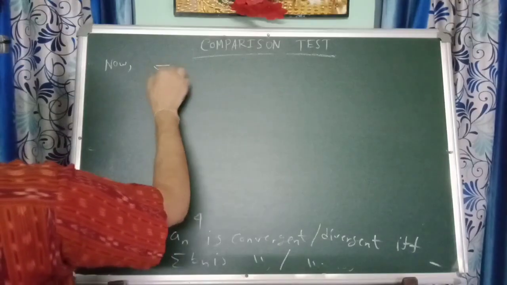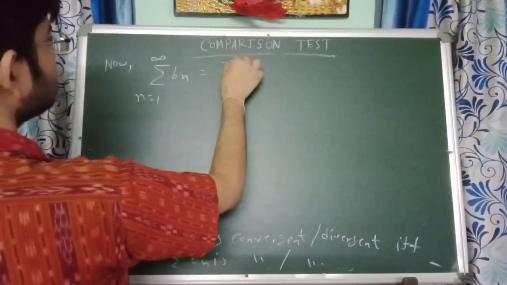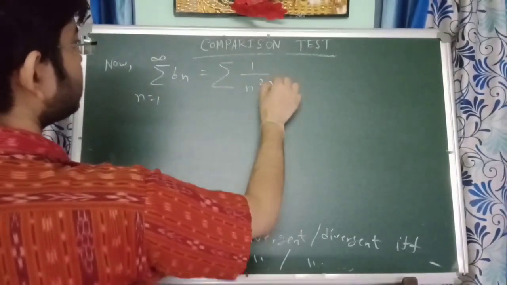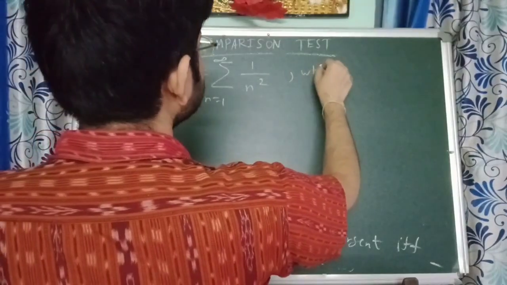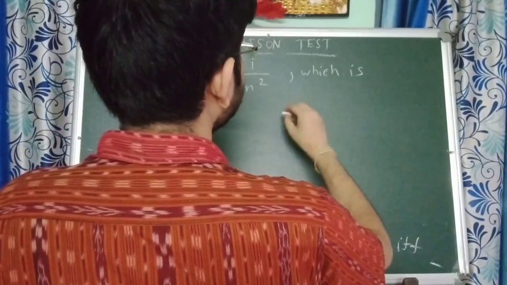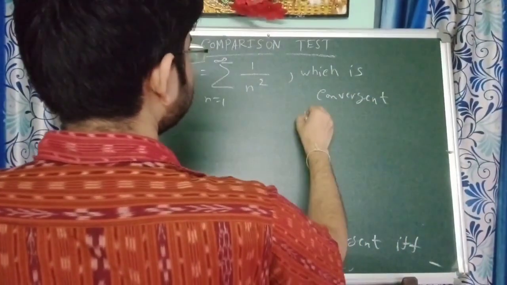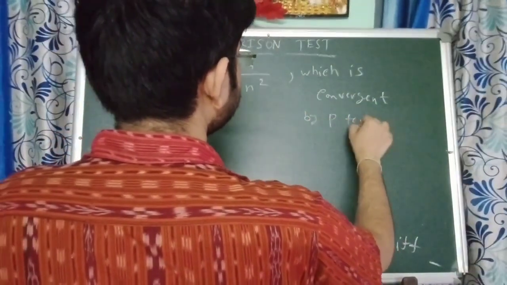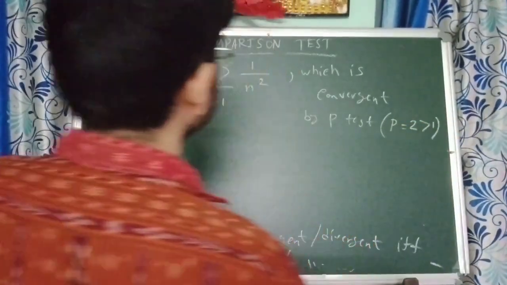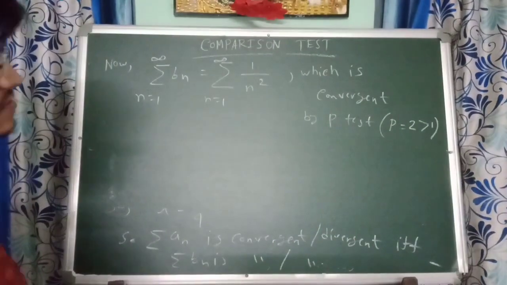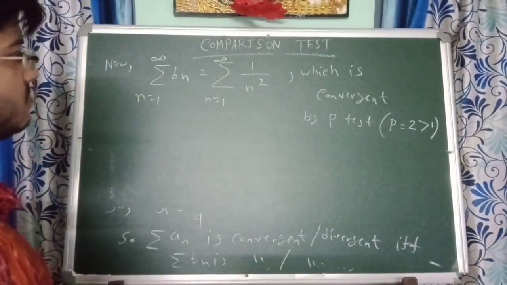Now we see that summation bn, n equals 1 to infinity, is 1 by n square, which is convergent by the p-test where p equals 2, which is greater than 1. So by the statement of the p-test, when the p value is greater than 1, the series is convergent.